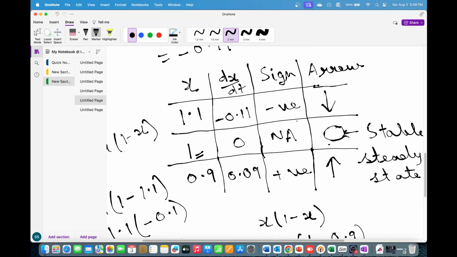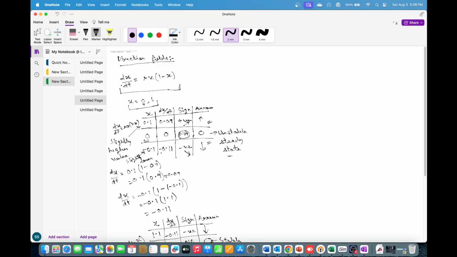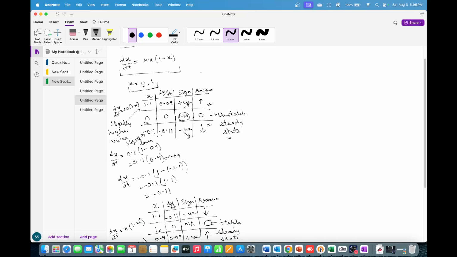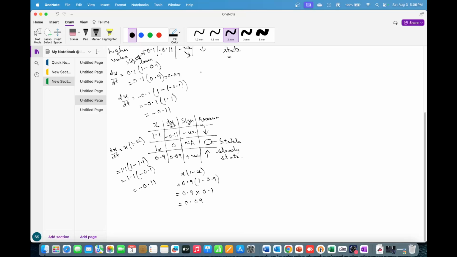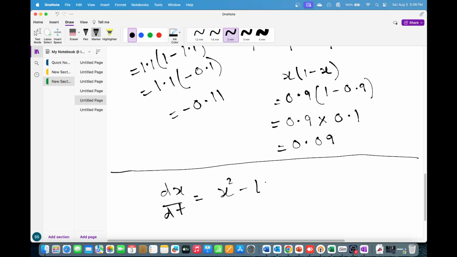So this we looked at with an example from our infectious diseases model. Now let's take another example, which is slightly different. Let's assume your model is given by dx/dt equal to x square minus 1.